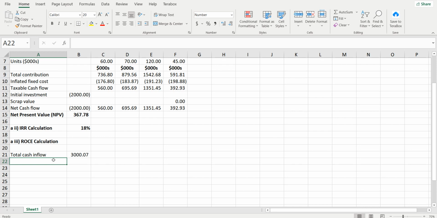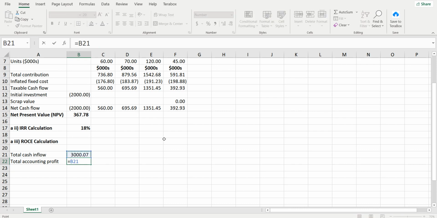So we can just do the total accounting profit, which is inflow minus outflow, and that will give us our profit. So equals inflow minus outflow, initial investment.